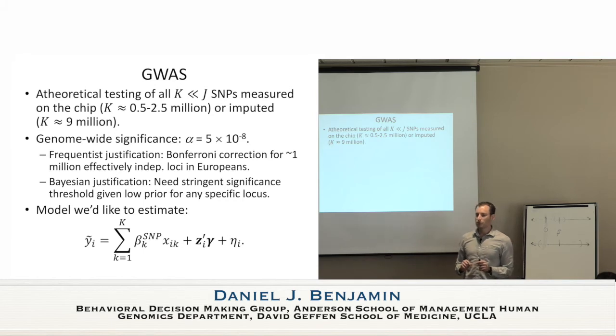And then you try to use information from the reference samples of, say, European ancestry individuals to try to identify the haplotype blocks where there's strong linkage disequilibrium and try to make sure you're covering the different haplotype blocks in the genome.